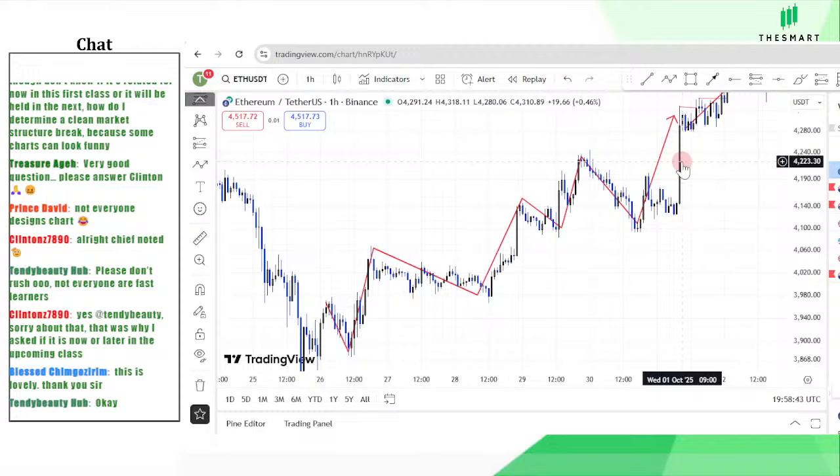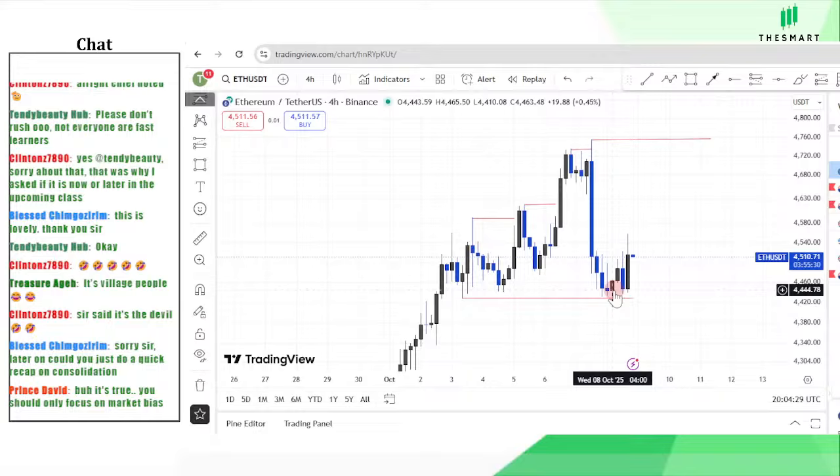So let's just assume we are working with this high, this high at this point. So let's put the chart on 1 hour now. Sorry, on these 4 hours, you can see that the price is still bullish. Now on these 4 hours, you see there's this massive sell to the downside.